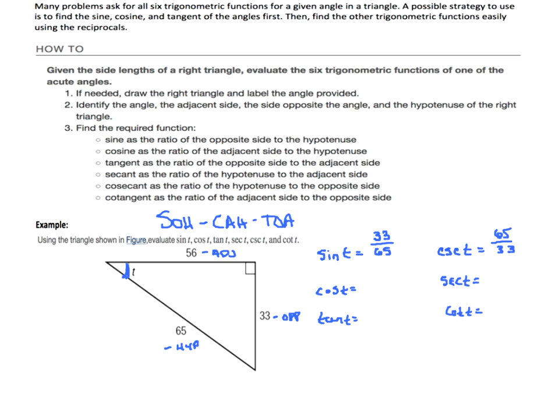Cosine is adjacent, 56, over the hypotenuse, 65. Secant is reciprocal to cosine, so 65 over 56. And the tangent is the opposite over the adjacent, and cotangent is reciprocal to tangent, so 56 over 33.